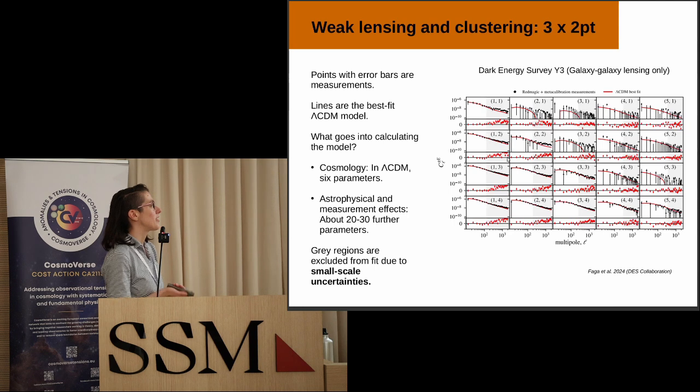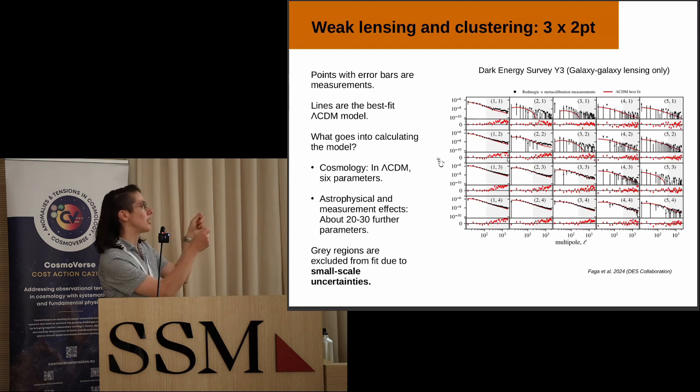This is what that data vector looks like. So this is from Dark Energy Survey, not LSST, because we don't have data from LSST yet. But just as an example, this is the galaxy-galaxy lensing, so that's the shape cross position case. Here in Fourier space, each of these little squares is the Fourier space 2-point function of the galaxy-galaxy lensing, so position cross shape.